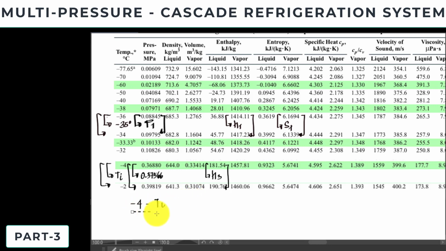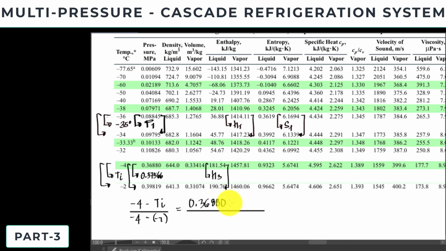So this is all over, and that will be negative Ti. Then ito ay magiging negative 4 minus my negative 2. And this is equating to 0.36880.